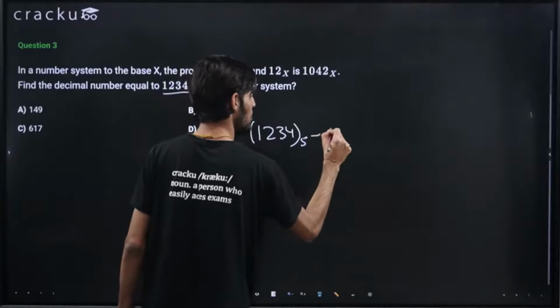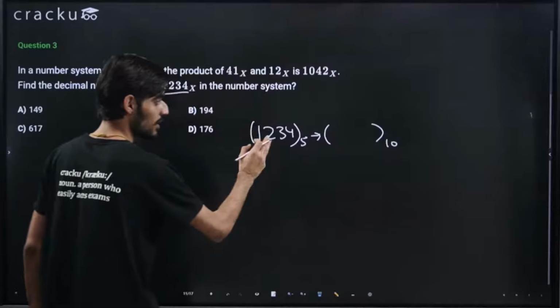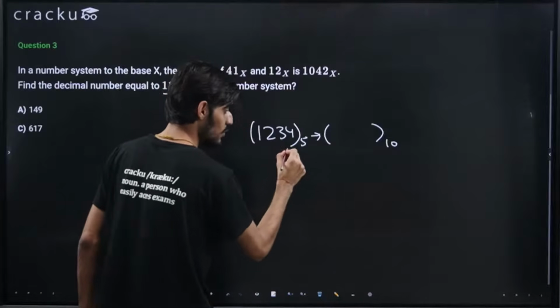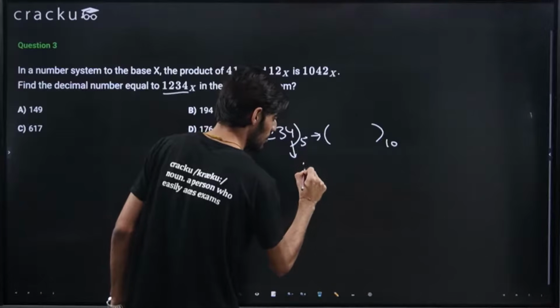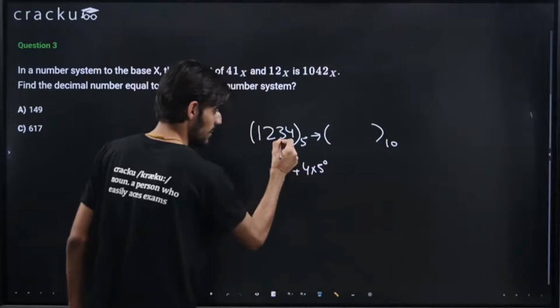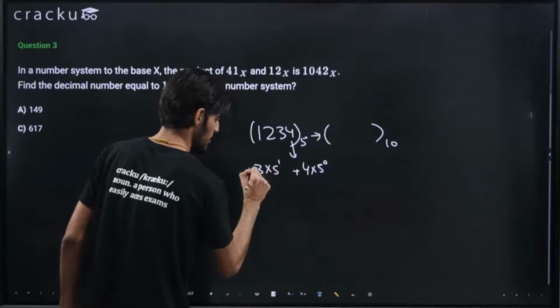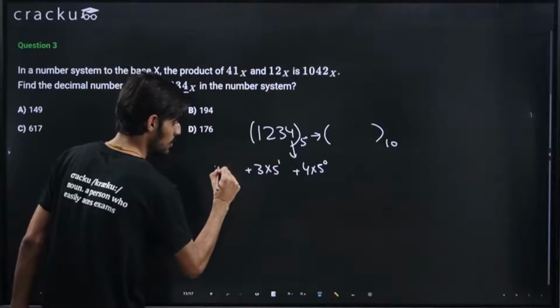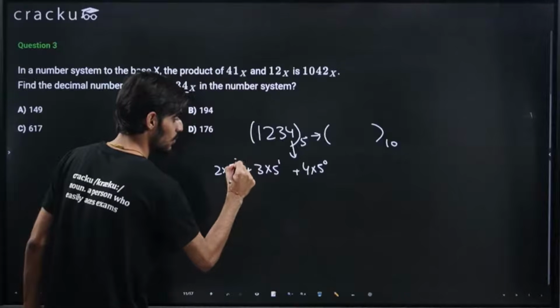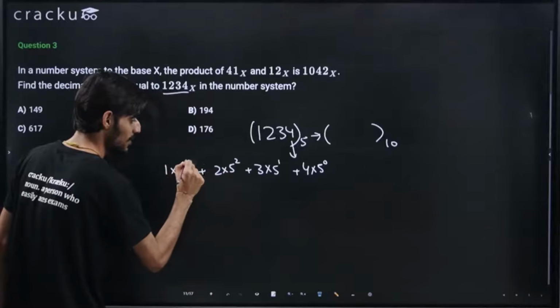We need to find the base 10 representation of this value. So how we used to do it? This 4 multiplied by 5 raised to power 0 plus 3 multiplied by 5 raised to power 1 plus 2 multiplied by 5 raised to power 2, and the last term 1 multiplied by 5 raised to power 3.